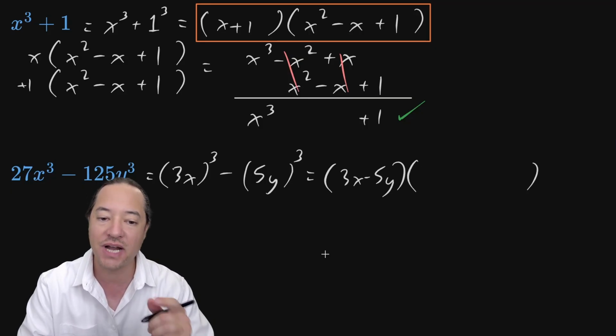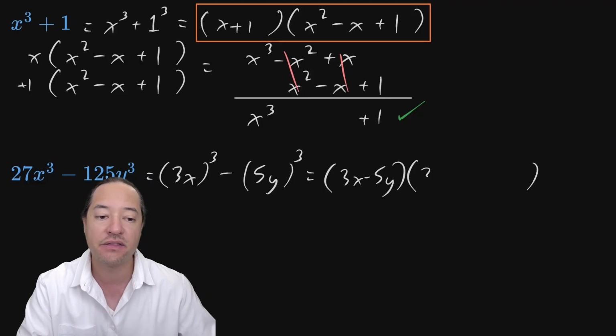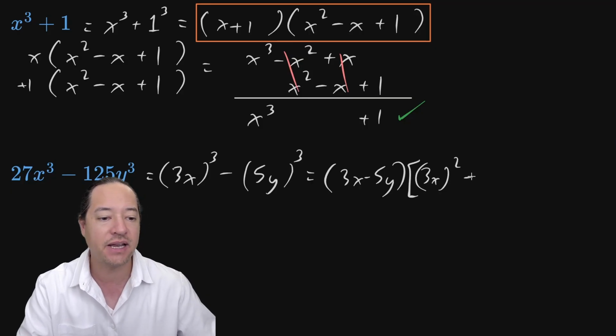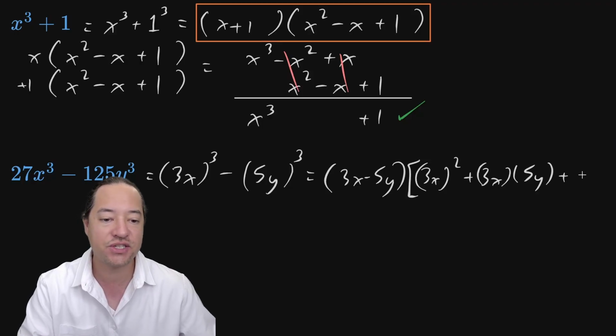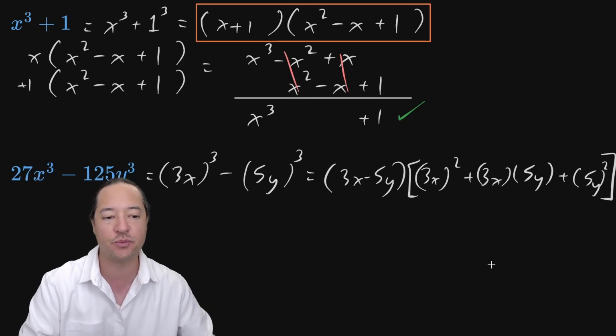And then the quadratic here, we expect to get a 3x, okay, let me make these into brackets. So we'll get a 3x quantity squared. And then everything here will be a plus 3x times 5y. And then finally, plus we have a 5y squared, and that's all going to be inside this bracket.